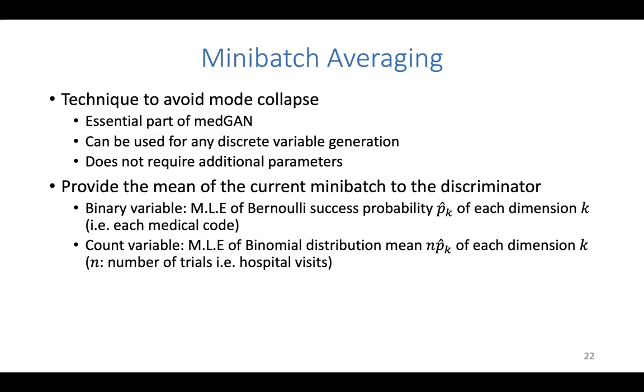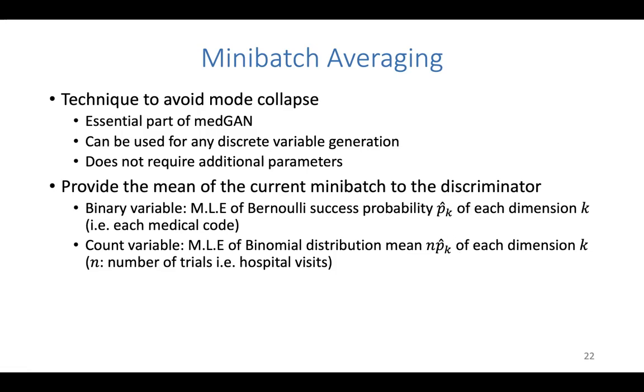And if we are generating tabular data filled with count variables, then what we're doing with mini-batch averaging is providing to the discriminator a maximum likelihood estimation of the binomial distribution mean, which is n p_k of each dimension k.